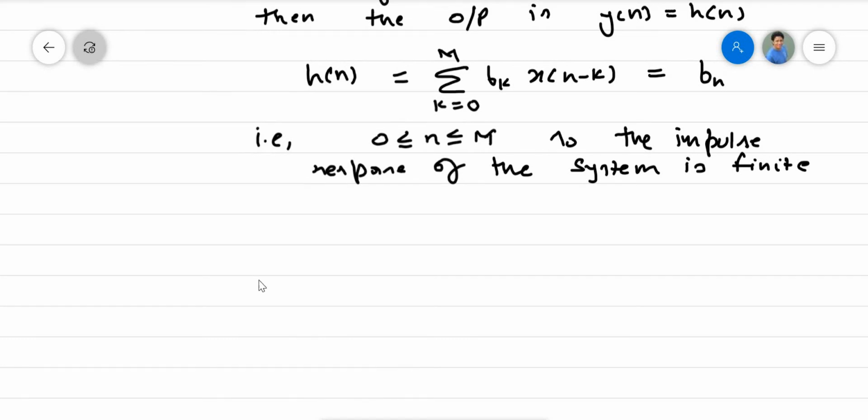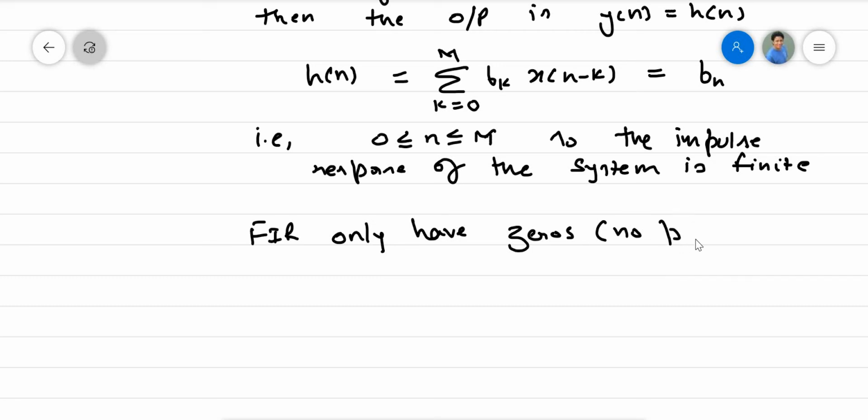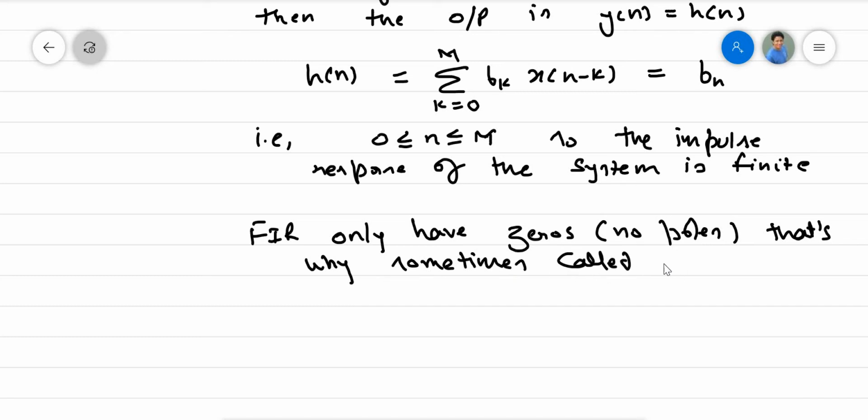FIR only has zeros, no poles. That's why it is sometimes called an all zero filter.